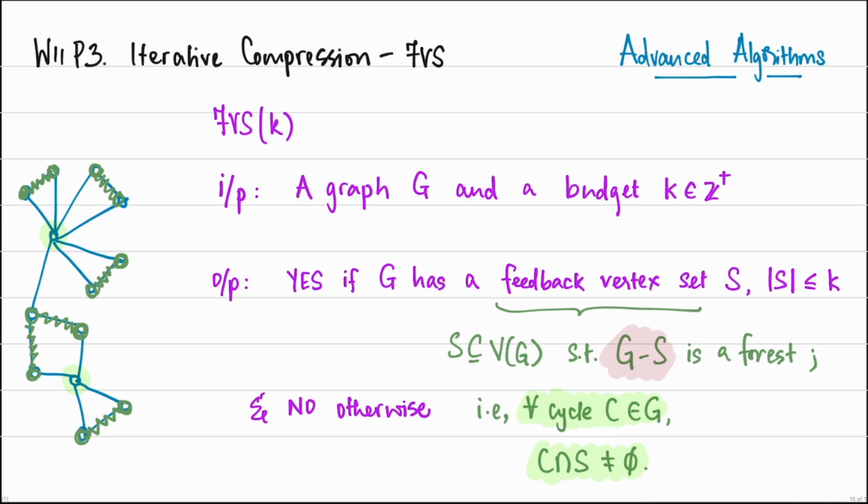Now, in terms of FPT algorithms for feedback vertex set, it might be tempting to think about a branching based solution. So for vertex cover, we said the thing that we are trying to intercept is an edge. So we pick an edge and we branch on it. This gave us a 2 to the k kind of running time. And here we could say, well, let's pick a cycle in the graph.